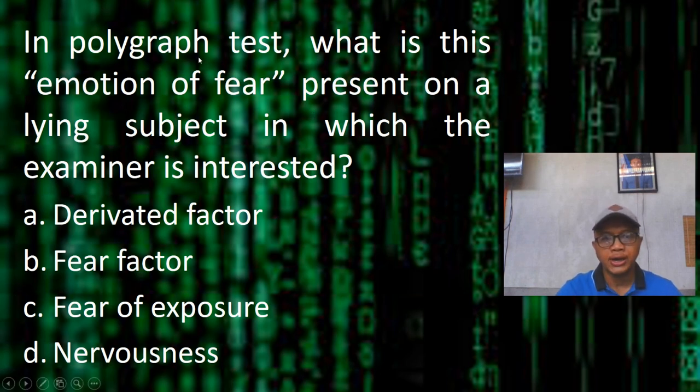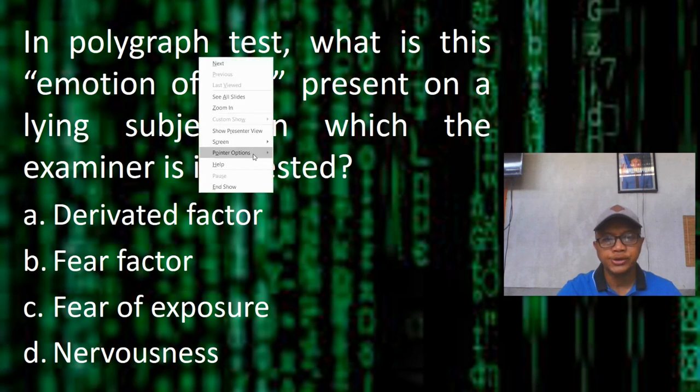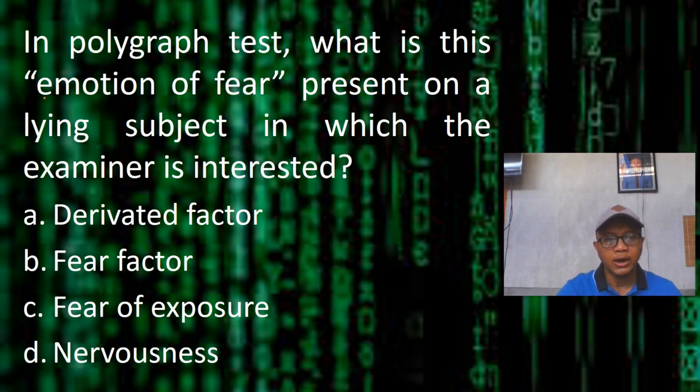So let us first highlight the keywords. And we have the emotion of fear, so emotional fear, that is accordingly coming from a lying subject. Now, going into some other techniques that we learned. The subject is polygraph.